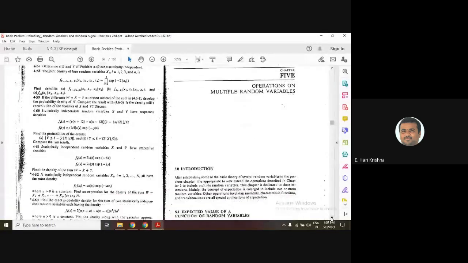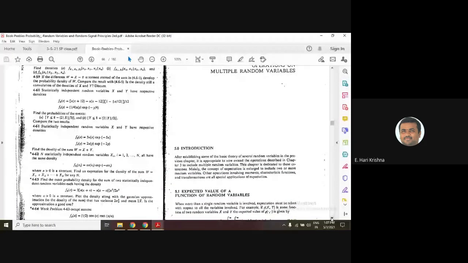Next chapter in this book is operations on multiple random variables, that is, joint random variables. I also mentioned one interesting discussion in the previous class, the central limit theorem. The statement is important, try to remember it.